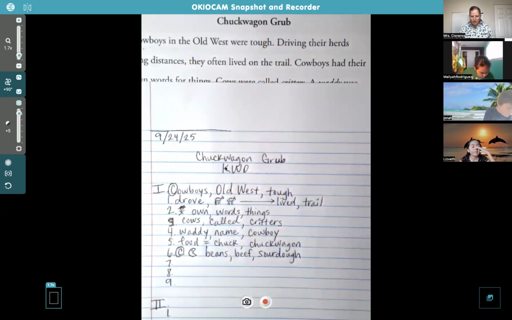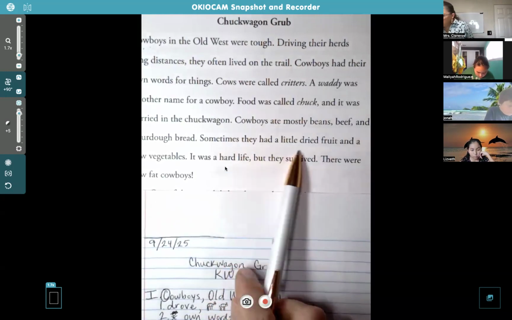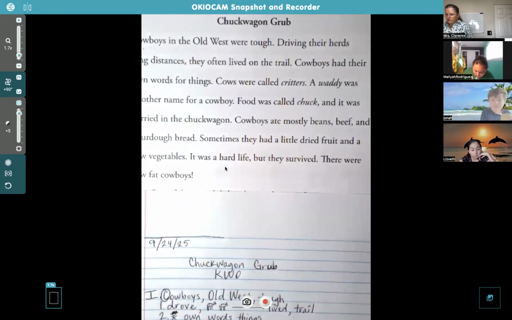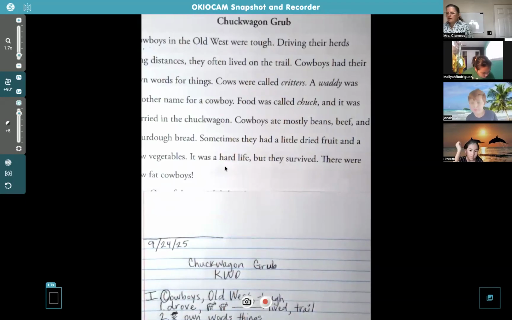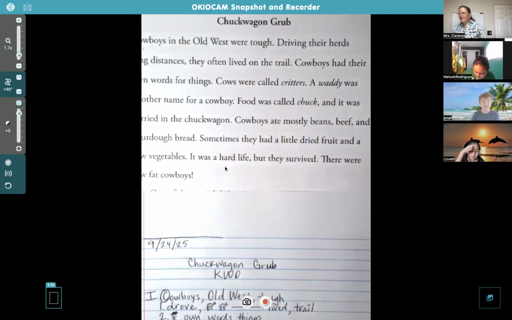I'm done. Okay. Let's see whose turn. I think it's Lizbeth. I think it's your turn for number 7. So that one's going to be the one about dried fruit and vegetables. So what I think we should put is sometimes, and then we can put a little dot, and then put an arrow pointing at it for little.